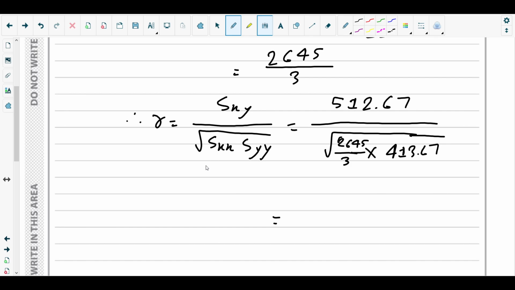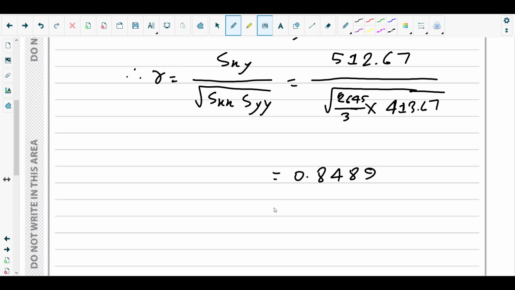So you'll get 512.67 over answer. This is 0.8489. So the value for R to 3 significant figures is 0.849. Done. This is the value for PMCC.